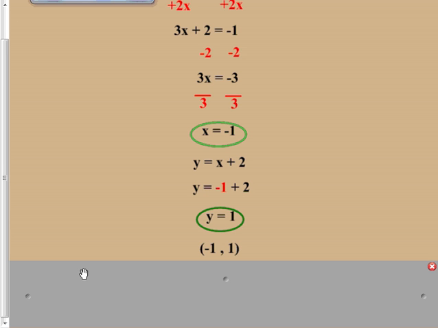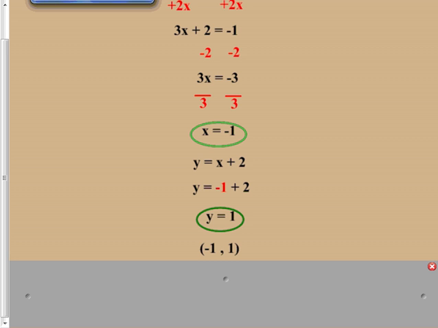That's great that we have the solution. The problem did not ask us to find the solution, it asked us to classify. So what did we just discover? We have a solution. So what category does that put this into? Since it has a solution, that would make this system consistent.